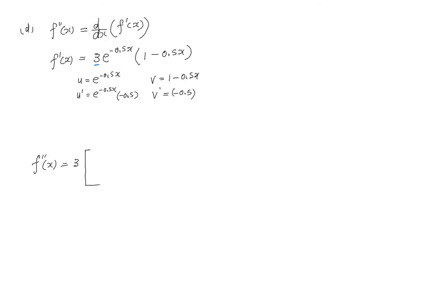Tell me what to write. u prime, e to the power of negative 0.5x, times negative 0.5, multiplied by 1 minus 0.5x. Okay, correct. And then plus negative 0.5 times e to the power of negative 0.5x.